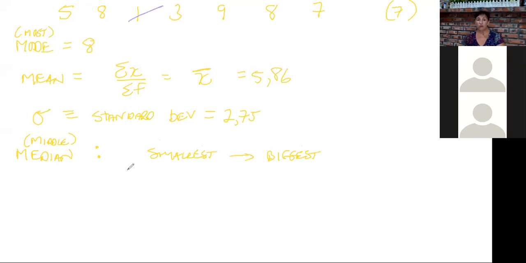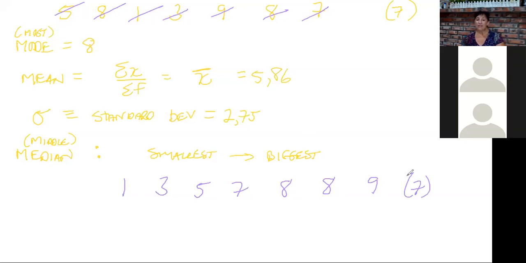So 1 will be first. Notice I put a line through just to know I've done it. Then it's 3. Then it is 5. And then 7, 8, 8, 9. And then double check. 1, 2, 3, 4, 5, 6, 7. Yes, we had 7 before as well, so we haven't skipped any.